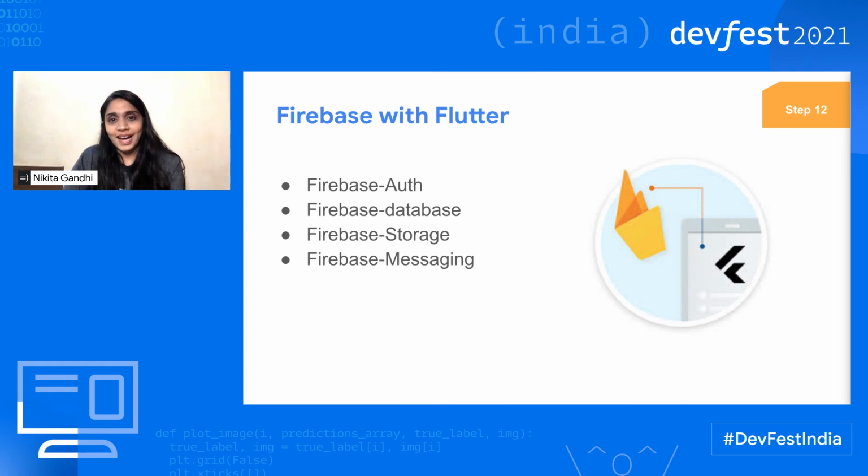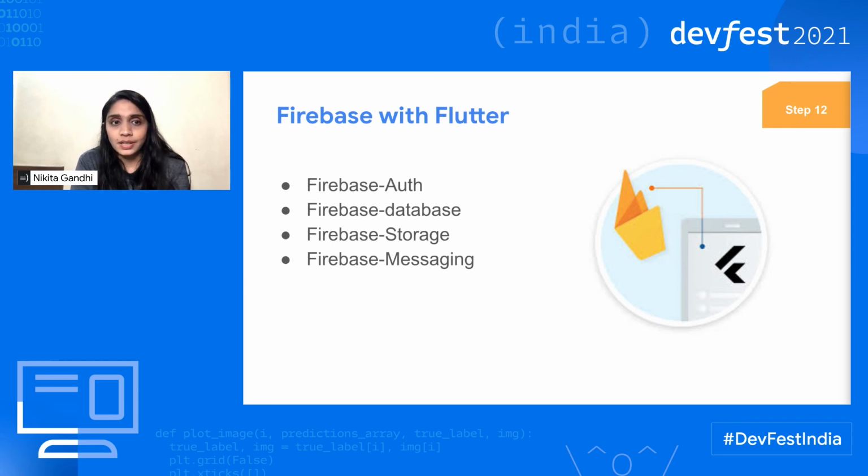But one last thing, which is my favorite part about Flutter, is the integration of Flutter with Firebase. So, authenticating a user using email, phone number, social links, all of this is possible with Firebase, and this can be integrated very seamlessly using Flutter.